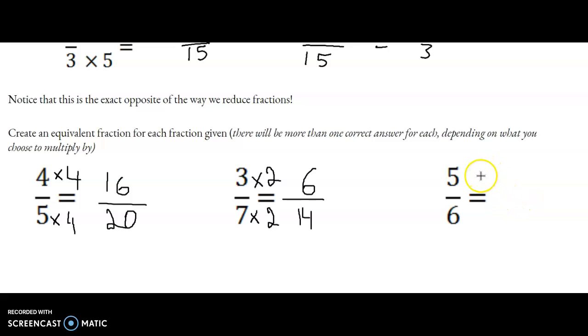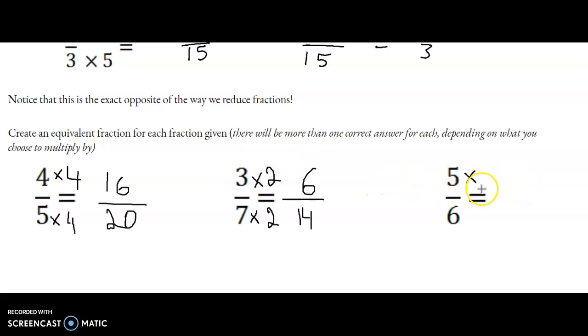The next is 5/6. The only difference between simplifying a fraction and finding an equivalent fraction is that for simplifying we find the greatest common factor, but for finding the equivalent fraction, we do not.